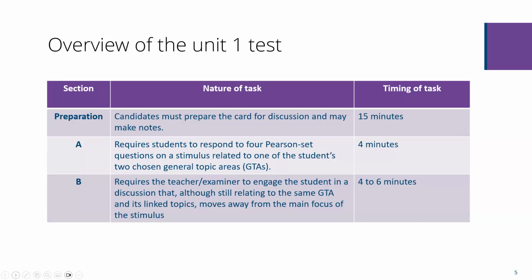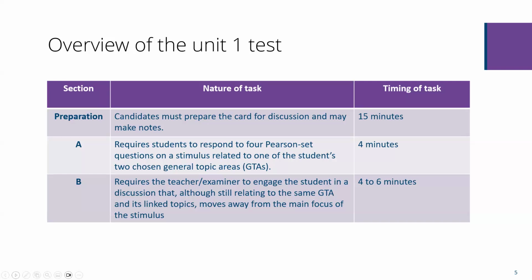So they have 15 minutes to prepare that task. And then there are two sections in the test. Section A requires students to respond to 4 Pearson set questions on a stimulus related to one of the candidate's chosen general topic areas. So that's 4 minutes, about a minute per question.